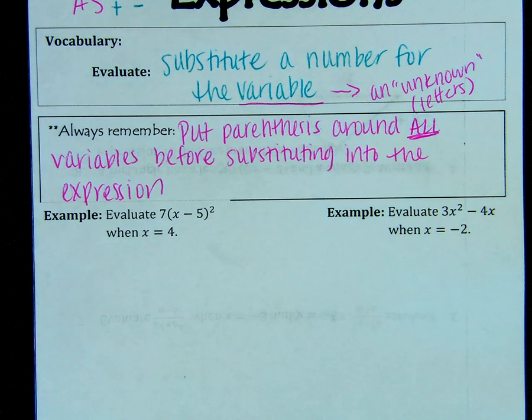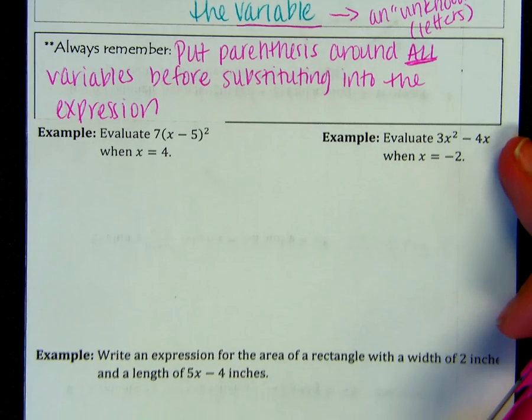So put parentheses around all variables before you substitute into the expression. No matter where the x is, a y, an a, a b, a t, an s, always put parentheses around it, or you will get confused.